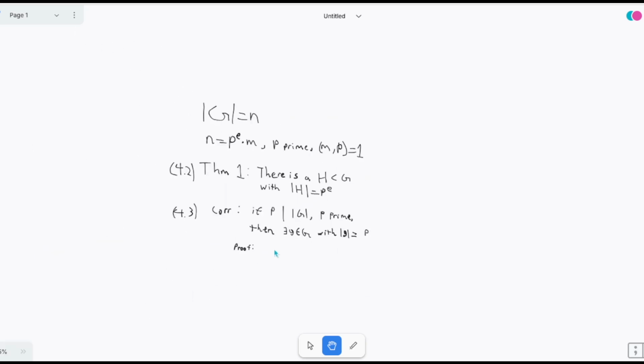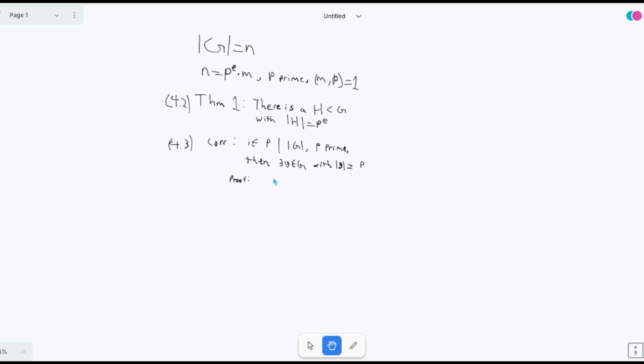So obviously we're going to take H, the subgroup of order p to the e.